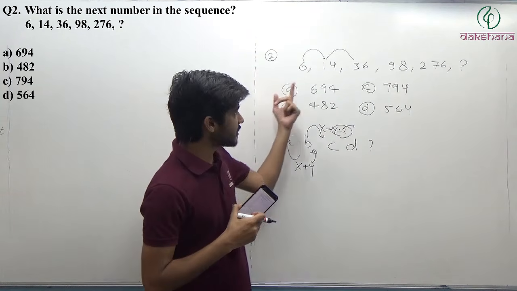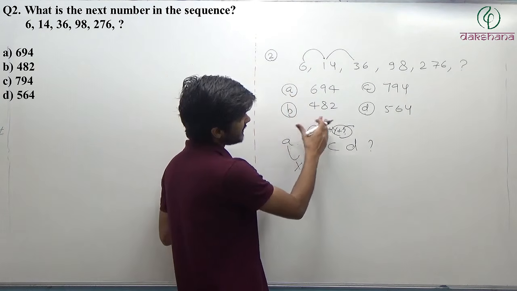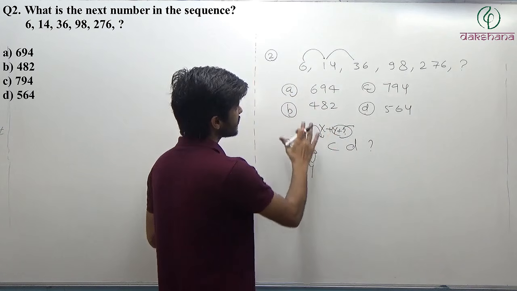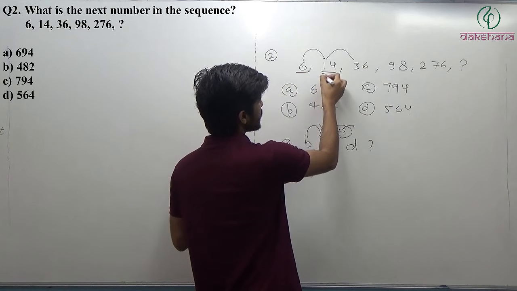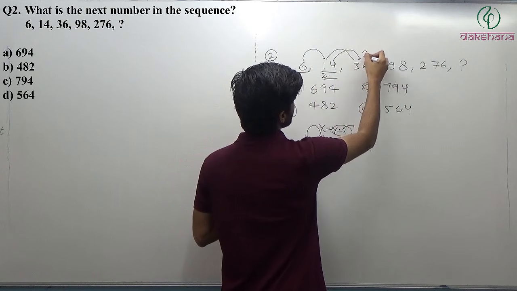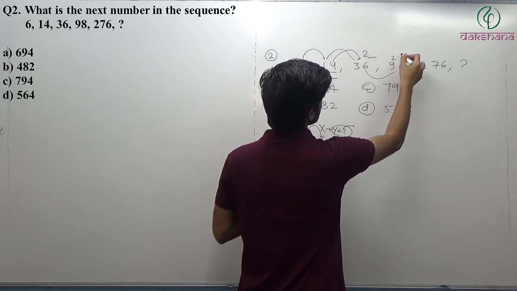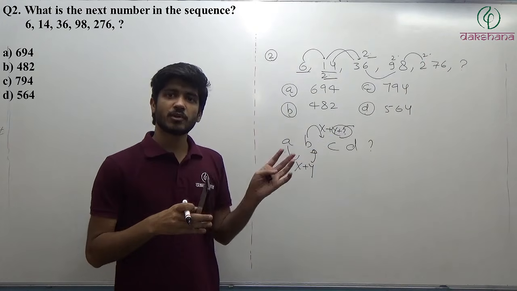So if you got this question, you can apply all these things, you'll not get the answer. You can reach close to the answer, if you think about this, if you go from 6 to 14, it's like 2 point something, right? 14 to 36, again 2 point something, again 2 point something, again 2 point something. So it's always more than the double.